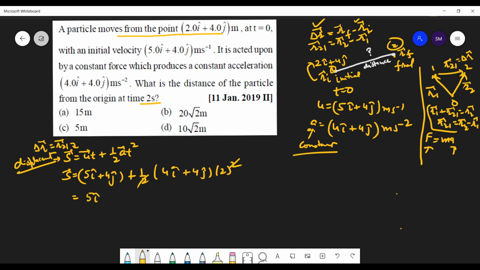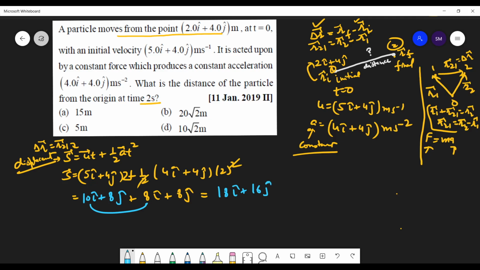So this is actually 5 i cap plus 4 j cap plus 8 i cap plus 8 j cap, right? And this can be written as, excuse me, sir, yes, sorry. 2 will be also multiplied with 5 i cap plus 4 j cap. Oh, sorry, yes, I've forgotten 2 here. So thank you so much. So we'll get here 10 i cap plus 8 j cap, right? Good. So 10 i cap, 8 i cap will be 18 i cap plus 16 j cap.